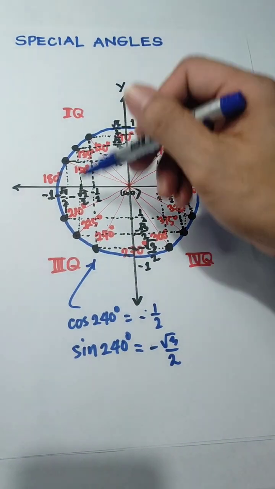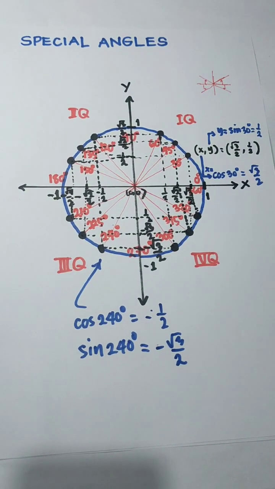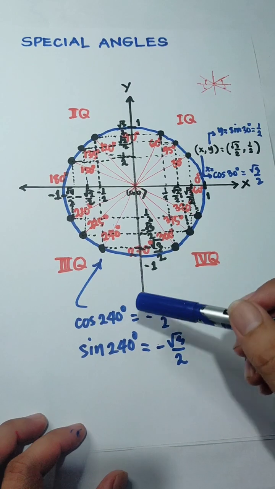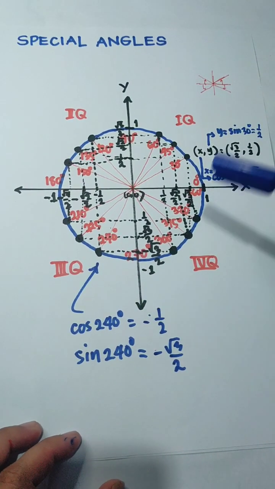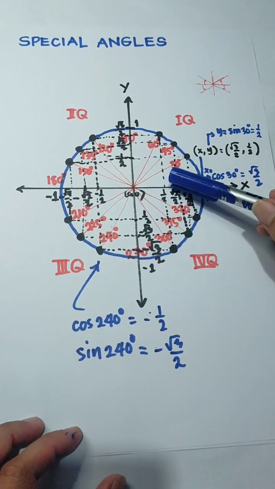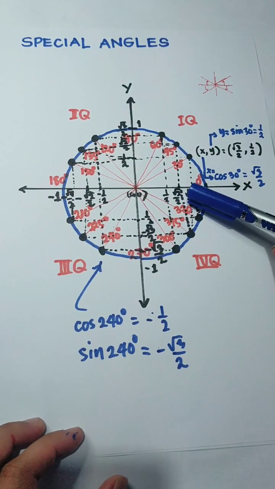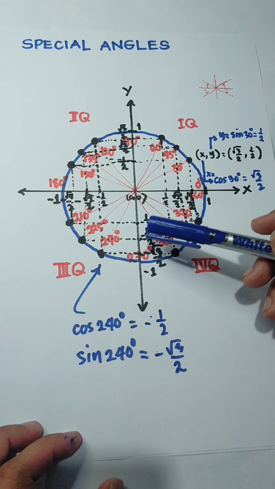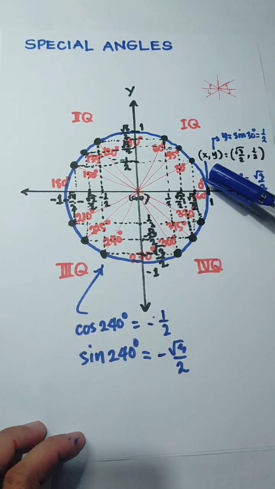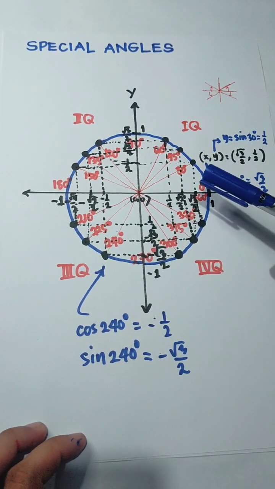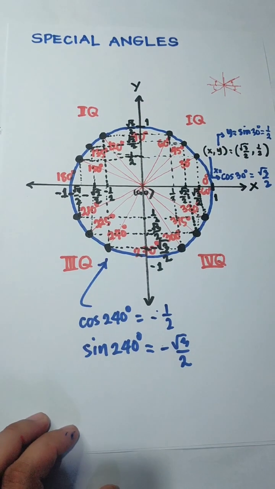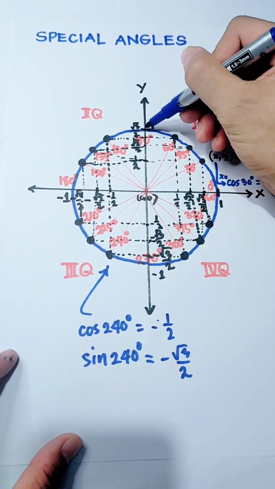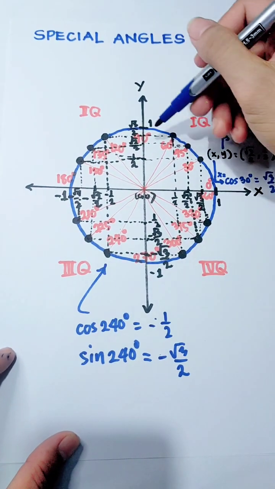So these are the special angles where you don't need a calculator to find the value of sine and cosine, as long as your angles belong here. But if the angles do not belong here, then you can use the calculator or other methods. I'd like to add the terminal points on the x and y axis.